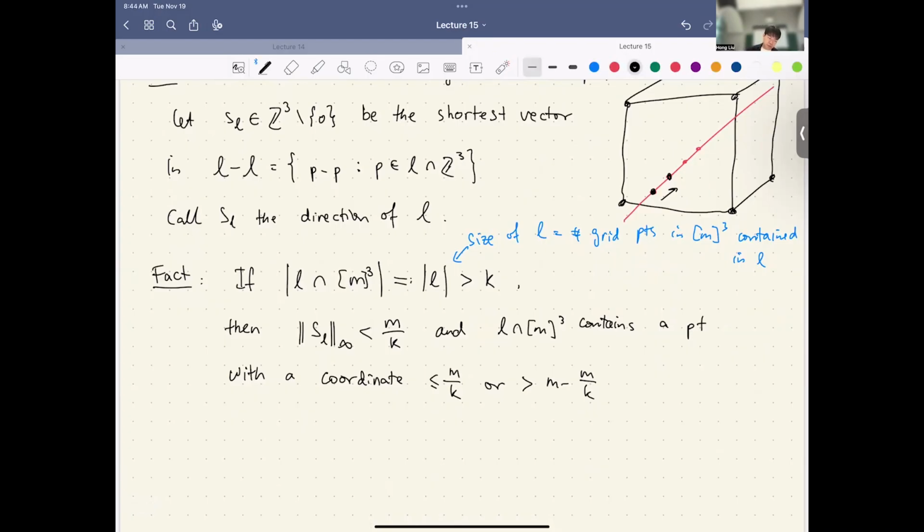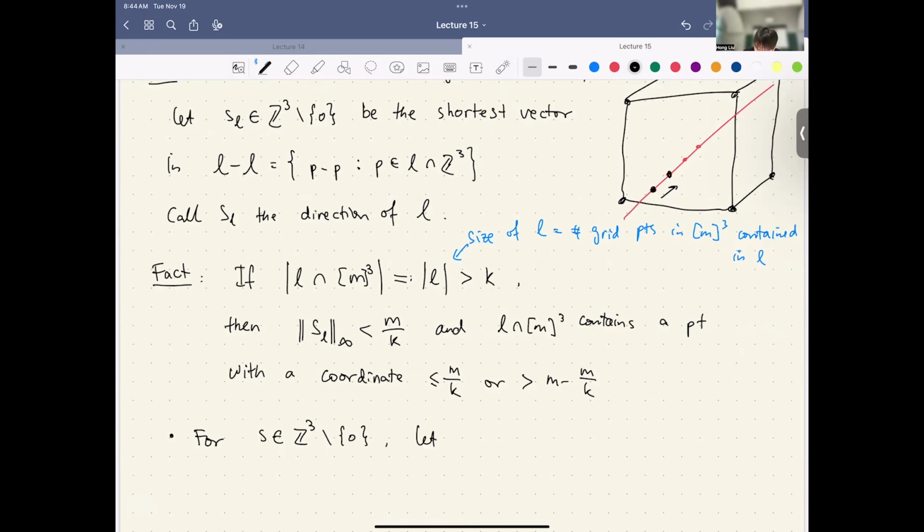Yeah. So you must have a point that's close to the boundary, basically. This is also simple. Now, let's give some more definitions. For a non-zero direction S, so this is a direction vector, we will call a capital LS the set of all lines with direction S. Formally, it's all the L such that SL, its direction, is S, and let's say this is non-empty.